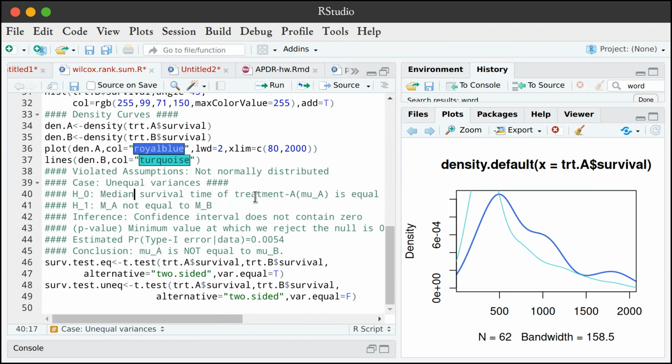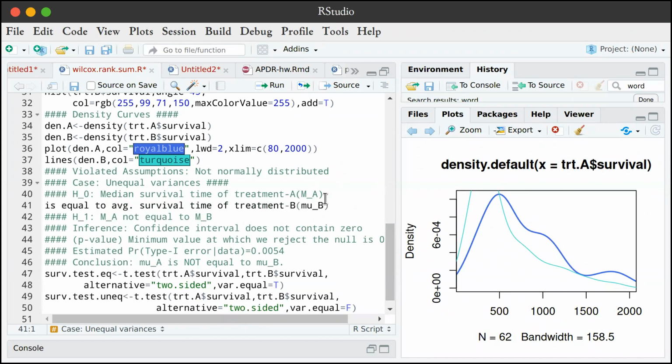Median survival time of treatment A. Now that is going to be our X and is greater than the median survival time of treatment B. Good.